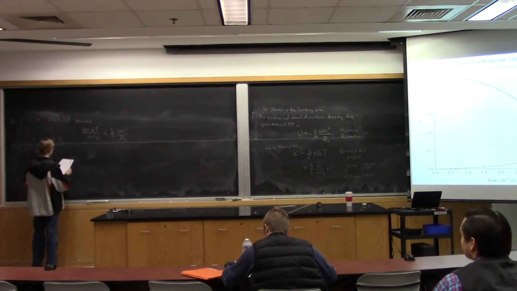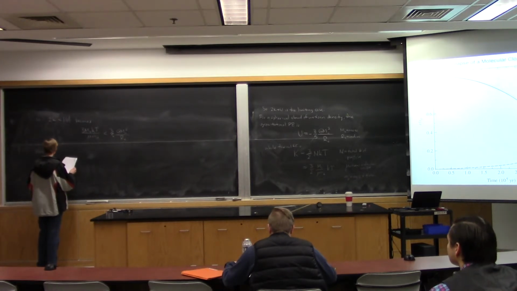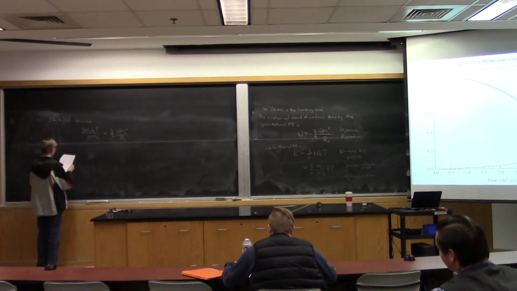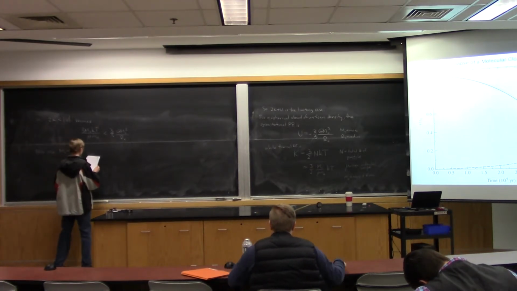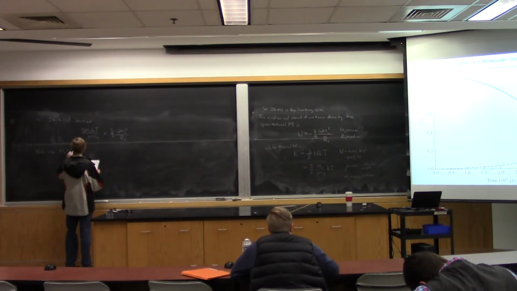But we want to put this in more useful terms. So we're going to use that the mass of the cloud is its density times its volume.